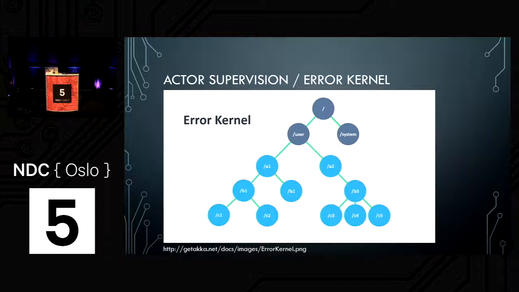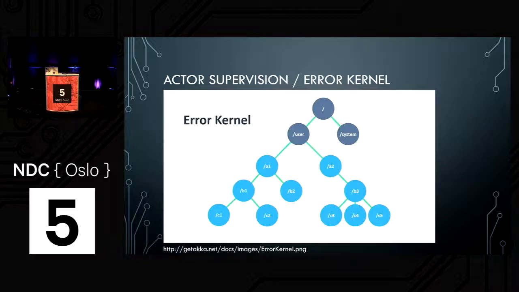So instead of doing everything in there and then risking that one blowing up, you can delegate it to a child, and then if something goes wrong, the exception is sent back here, and then you can decide in B1 what you want to do if something goes wrong. So you could then choose to restart C1, or you might choose to restart C1 and C2 because there's some connection there.